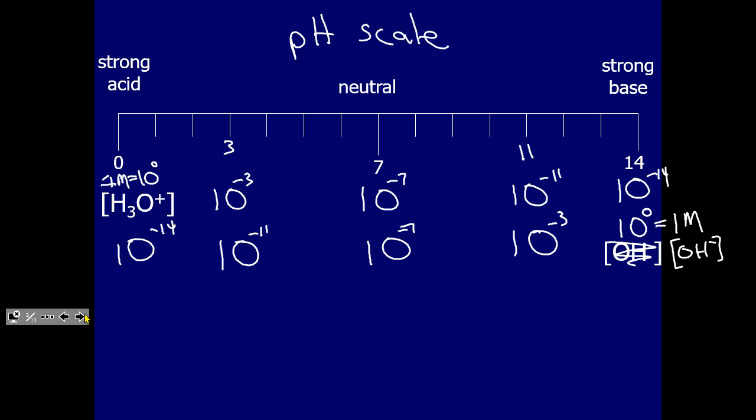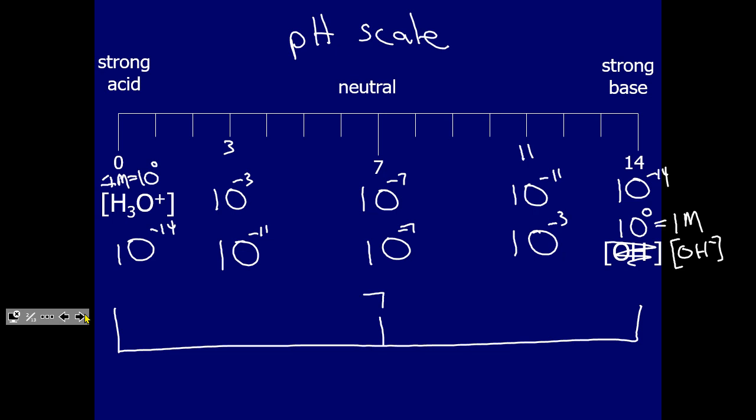But if I created a new scale underneath it, 7, and I did the negative log of the OH, 7, what would that scale be called?